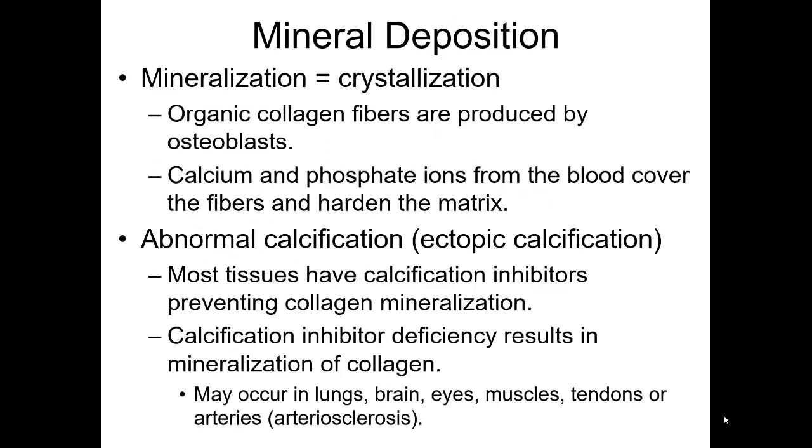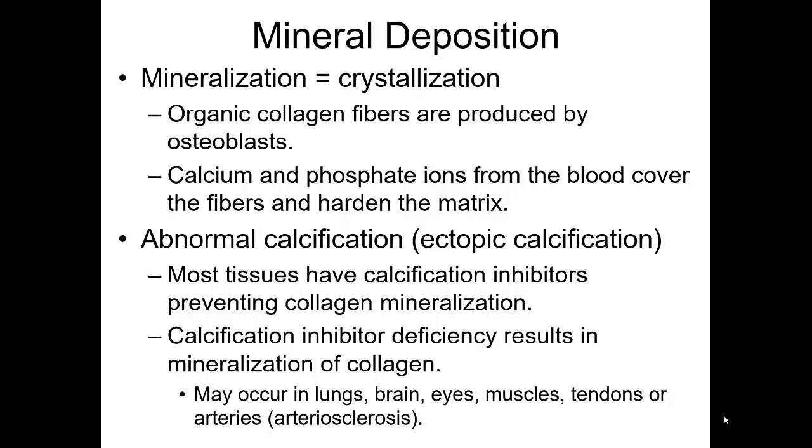Now, let's talk about the deposition of minerals. When we talk about mineralization or crystallization, we're talking about the addition of calcium and phosphates to the ground substance of bone, along with collagen fibers. When we talked about the osteogenic stem cells, they mature to form osteoblasts.